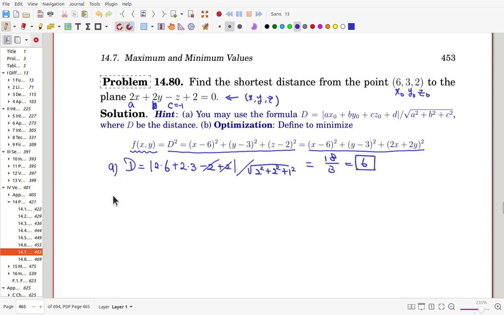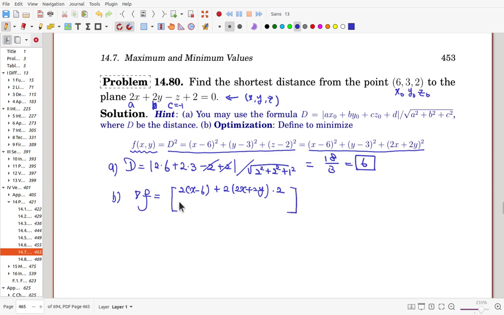In order to do that, we have to use the derivative technique. First, we have to find the critical point. The gradient of f: for the x derivative, it is 2x minus 6 plus 2 times (2x plus 2y) times 2, and it will be 0.